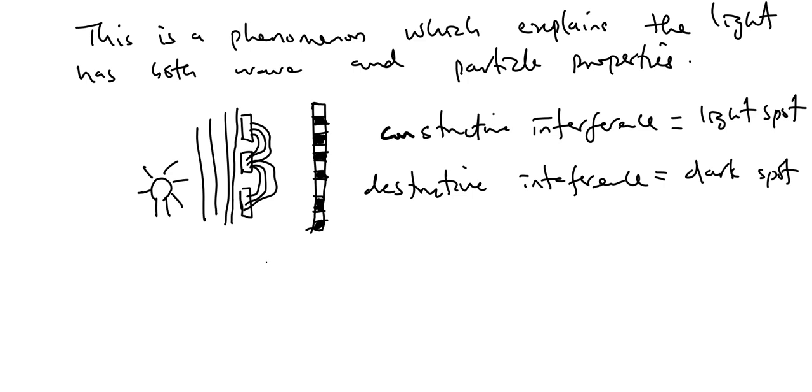So this wave particle duality is a phenomenon that is common to electromagnetic photons as well as particles, such as electron, proton, and so on. They also exhibit this phenomenon of having wave properties as well as particle properties.